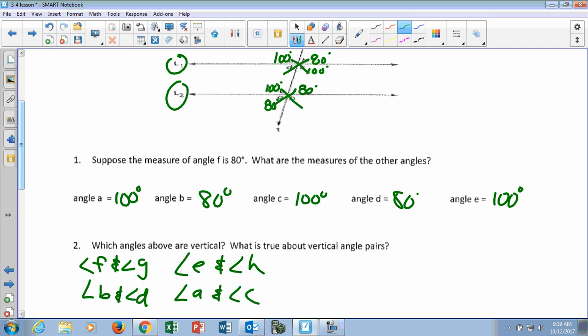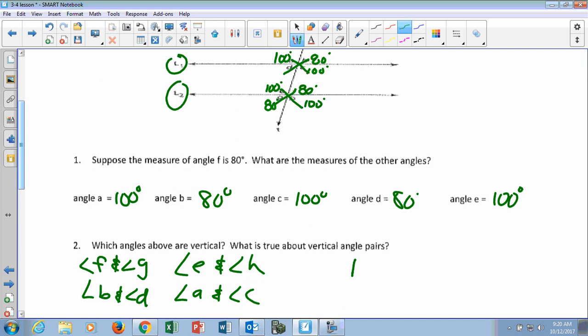So what do you notice? What is true about these vertical angle pairs? What do you see with all these vertical angle pairs? That was 100, by the way. What are you seeing? Aiden? The angles are all the same, right? They're equal.